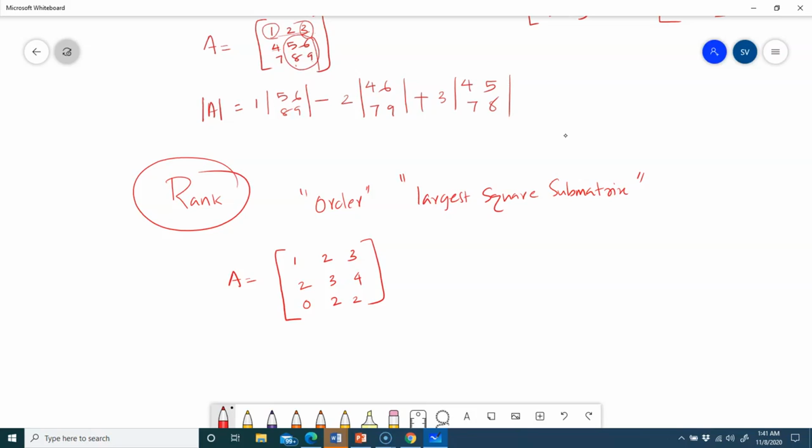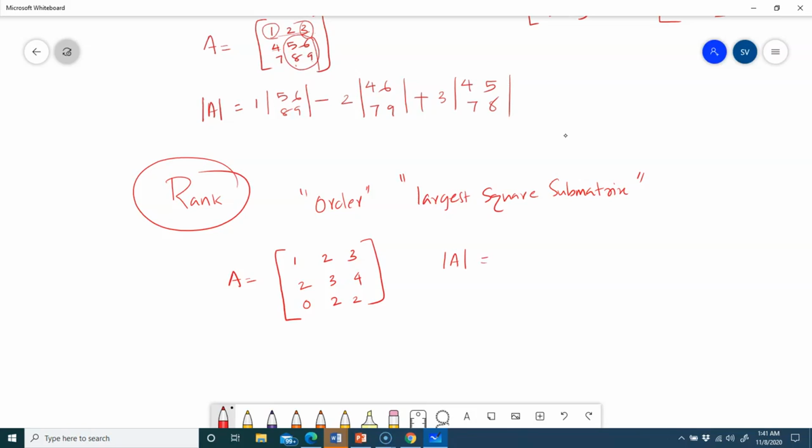So, the determinant of the largest square submatrix. This matrix itself is a square matrix. We can check what is the determinant value of this matrix. So go ahead and find the determinant of the given matrix.